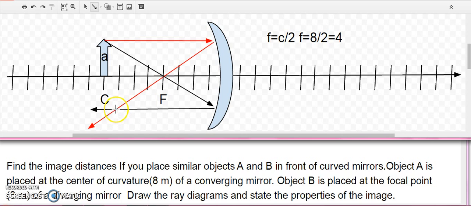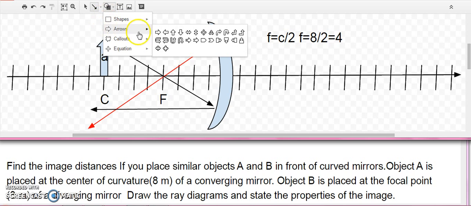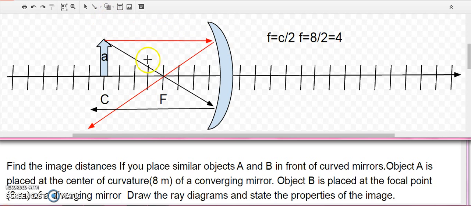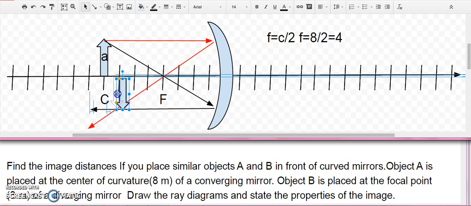But right here, this is where our object would be reflected. So our object would be right there.